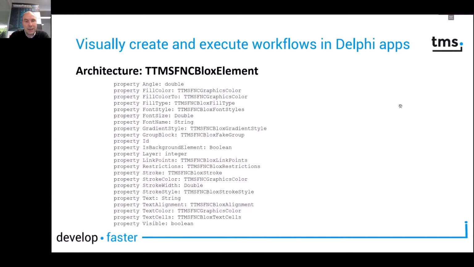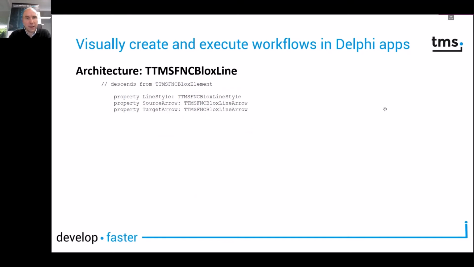Then you need the text property, text alignment, text color, and there are even multiple pieces of text possible within the block with an array of text cells. So if you need multiple parts of text on a block, that is also possible.